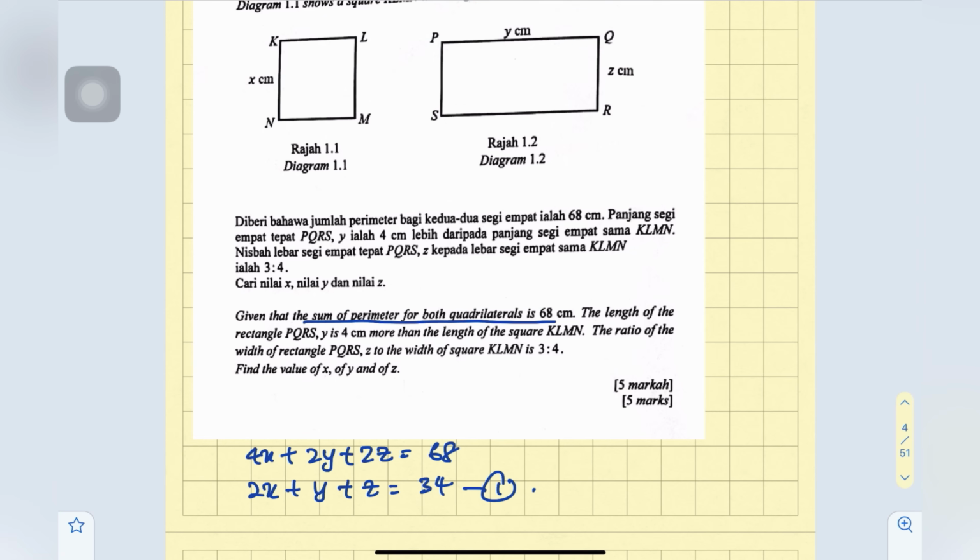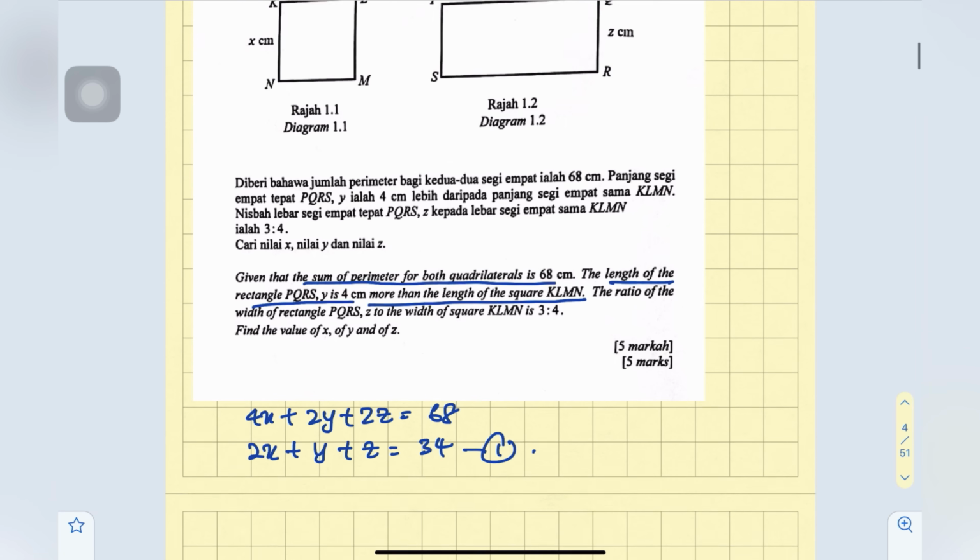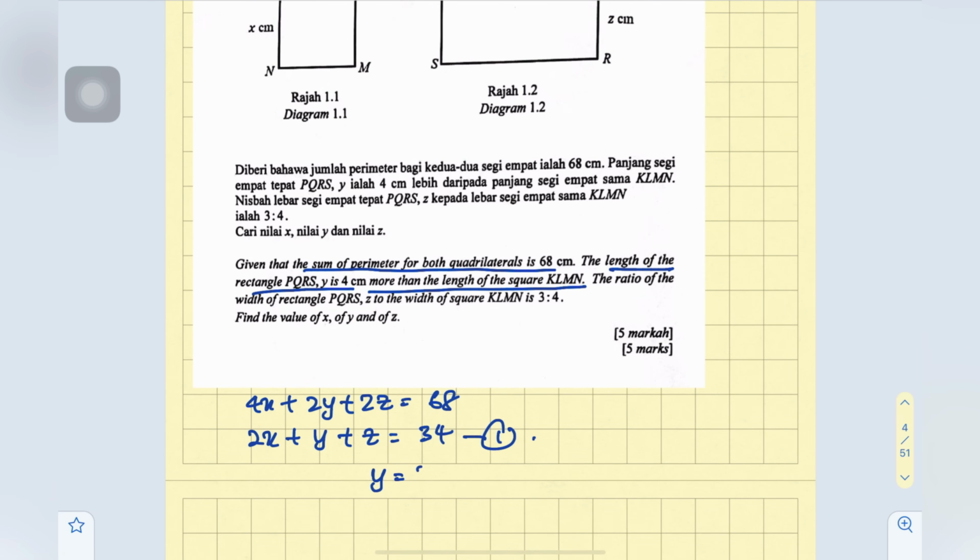The second one says the length of the rectangle PQRS, y, is 4 cm more than the length of the square KLMN. The square's side is x, so y equals x plus 4. This is the second equation.